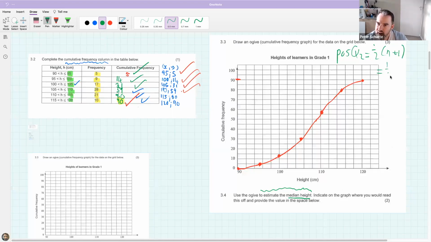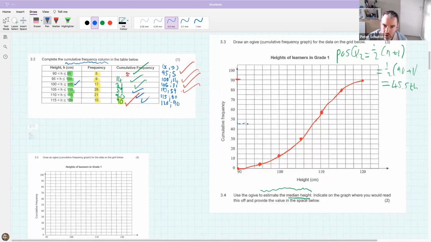So if I go a half times 90 plus 1, what position of the median do I get? What's the position that I get of my median? So it's 45.5 position. So now what I do is I go, look, if I start at 0 and I go up to 90, that's how many students I have. What I'm going to do is I'm going to go to 45 and go a little bit above it.